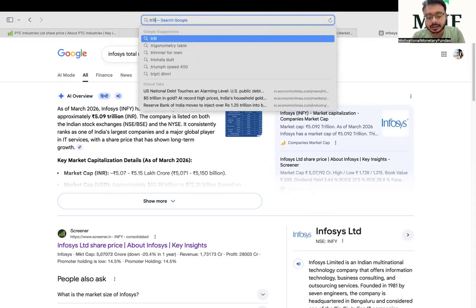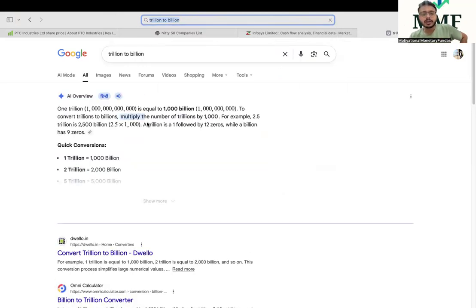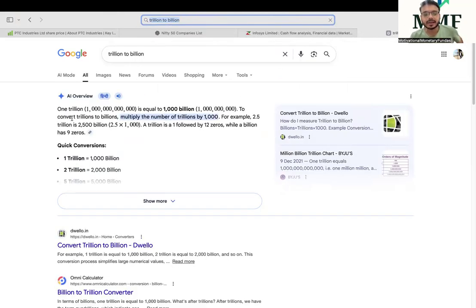See, a trillion, if you forget भाई कैसे करना है कैसे नहीं करना है. See, trillion into billion. It says 1 trillion is equal to 1000 billion. एक ट्रिलियन में आपके 1000 बिलियन होते हैं. तो 5 ट्रिलियन में आपके कितने बिलियन होंगे? सिंपल मैथ्स.